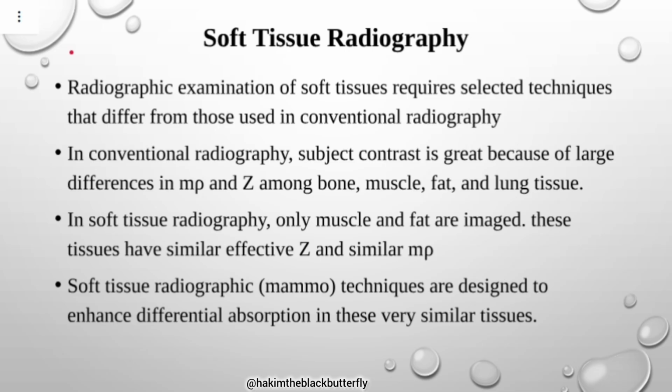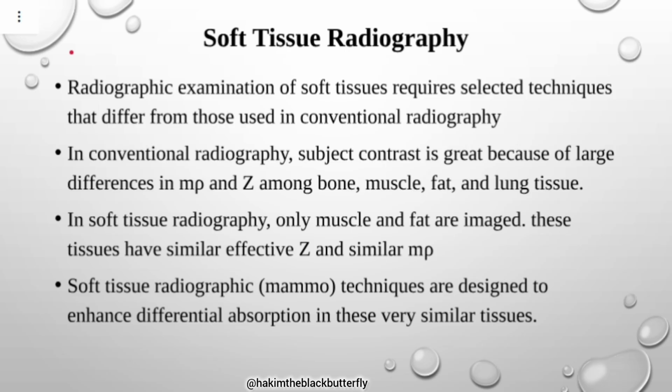radiography. In conventional radiography, the radiography that we know of, the subject contrast is great because of large differences in mass densities and atomic number among bone, muscle, fat, and lung tissue.